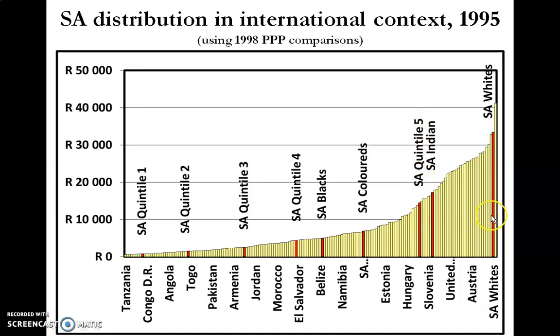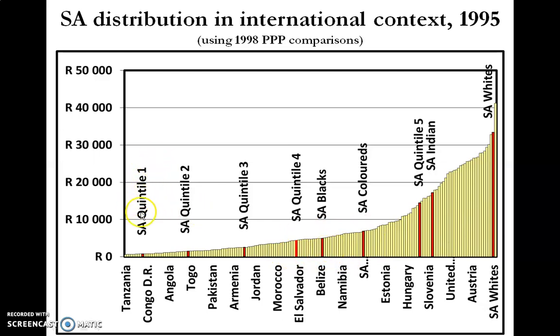But you can see that South African whites, this was 1995 data, but South African whites, basically, when you compare them to other countries, they are up here with like Austria, the USA, etc., all those OECD countries.